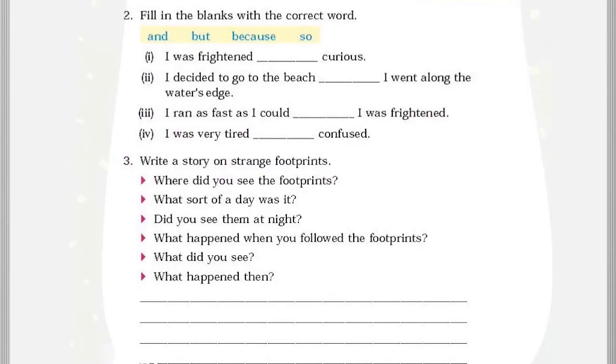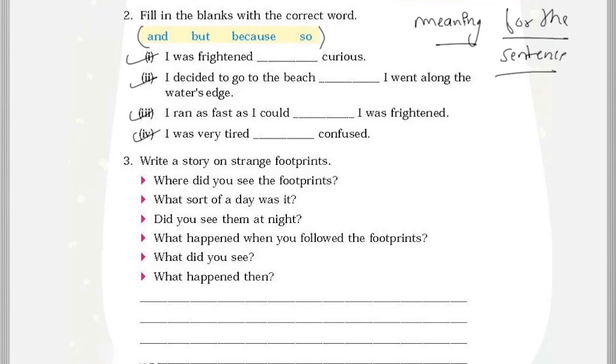So now it says fill in the blanks with the correct word. The 4 words are given here and we need to fill the blanks accordingly so that they have a proper meaning for the sentence. Let us read the sentence and fill the words accordingly.